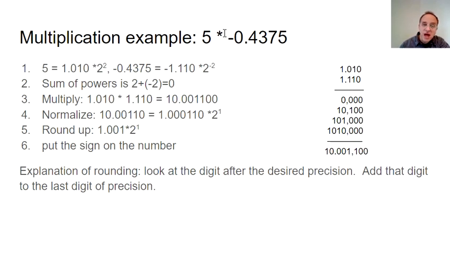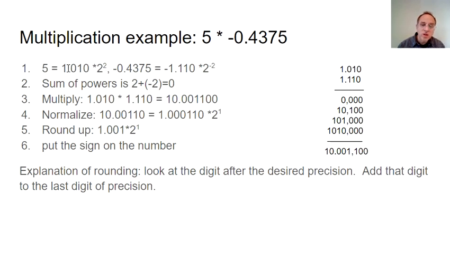That's this number. And the 5, well, that's pretty easy. It's 101. But I again have to normalize it. So it's going to be 1.01, and since I moved the decimal point 2 to the left, I have to raise it to the power of 2.